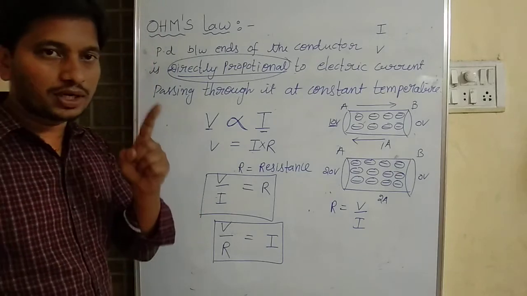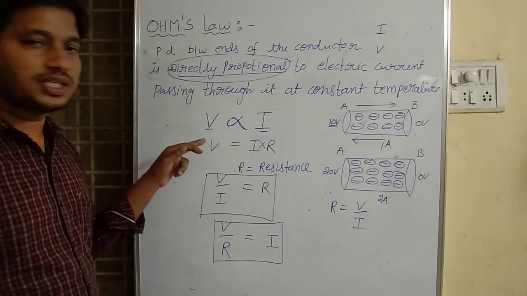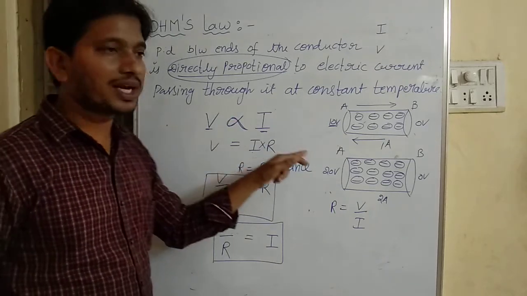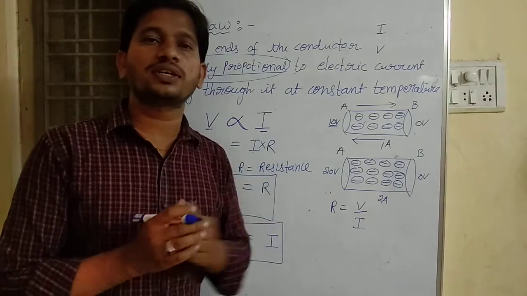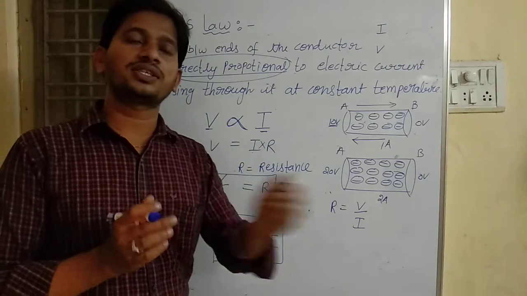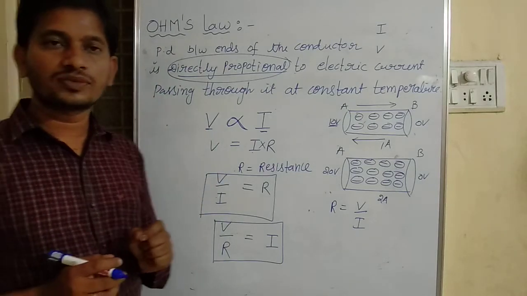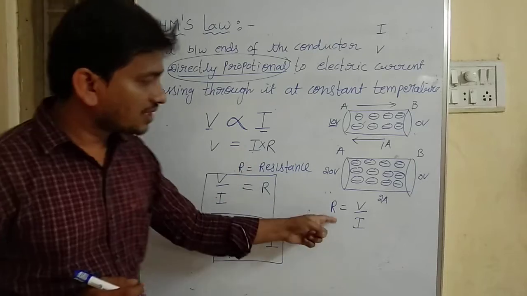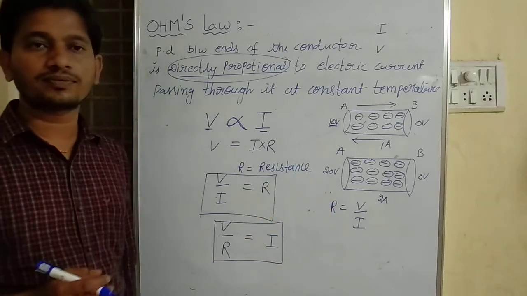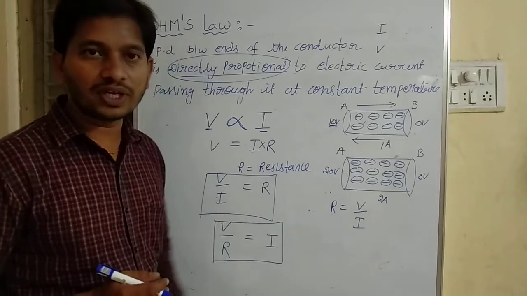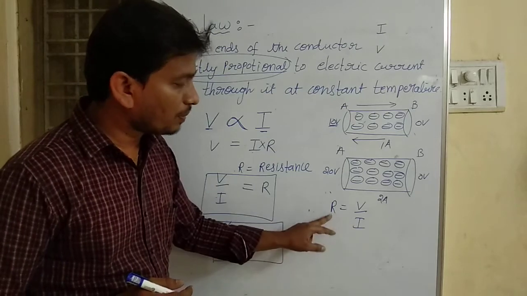Here you have to remember two points. The first point is potential difference is directly proportional to electric current. I mean, as potential difference is increasing, electric current is increasing. And the second point is electric current is inversely proportional to resistance.